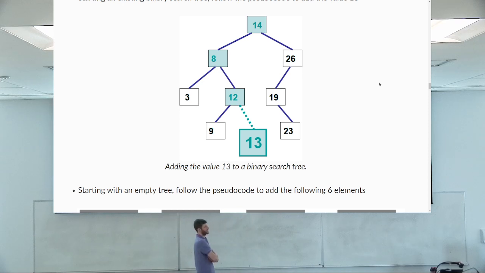So look for 13. Okay, 14, where would 13 be relative to it? Well, the left subtree. 8, it must be in the right subtree of that. 12, it must be in the right subtree of that. Oh, there's nothing there. Let's say that 12's right subtree referenced null. Great. That's where I'm going to put 13. Fantastic. Just put it there. Done. Added.